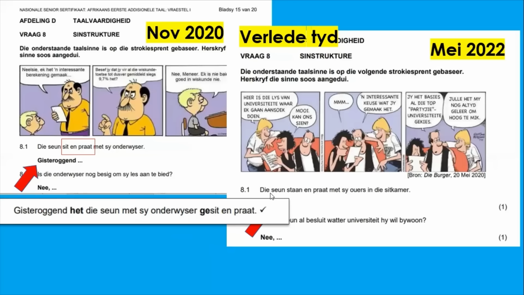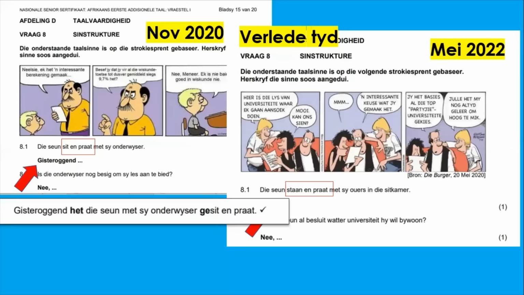Die seun staan en praat met sy ouers in die badkamer. Okay, again, it is basically the same sentence as that one. This one is just talking to his teacher, and this one to his parents in the living room. So again, you have to figure out, can these 2 things be done at the same time?